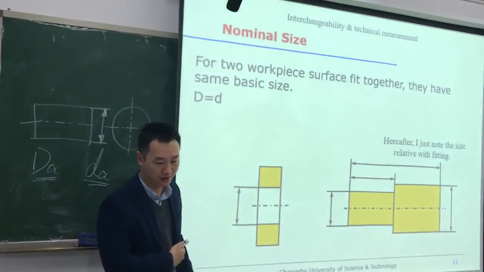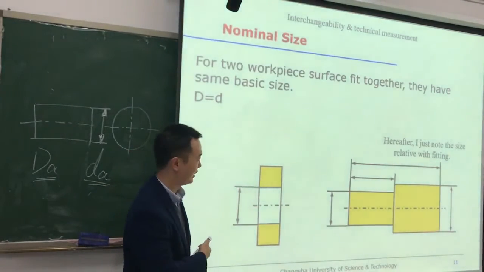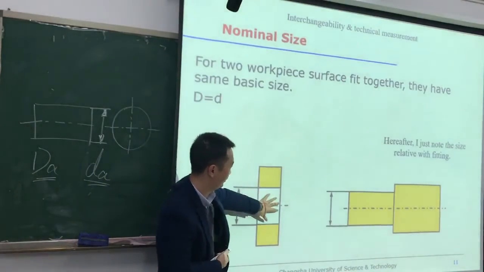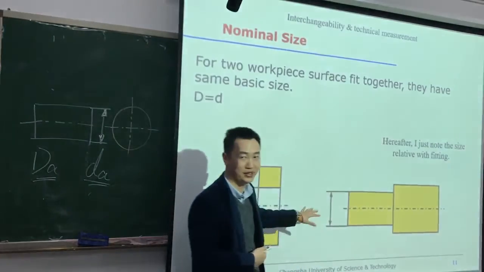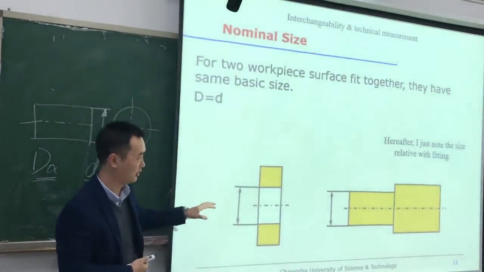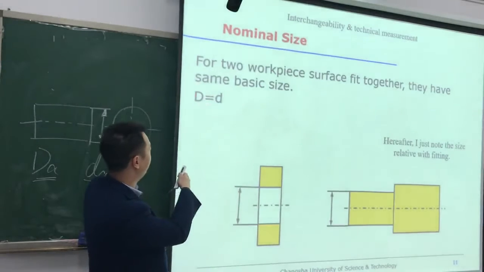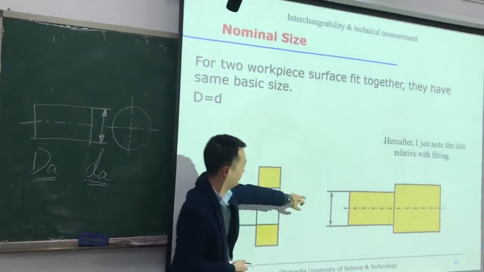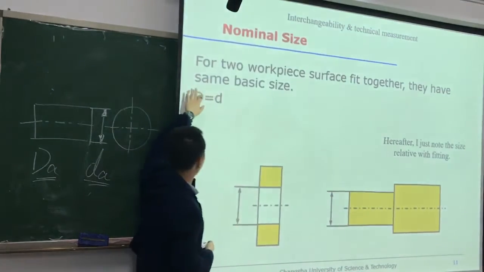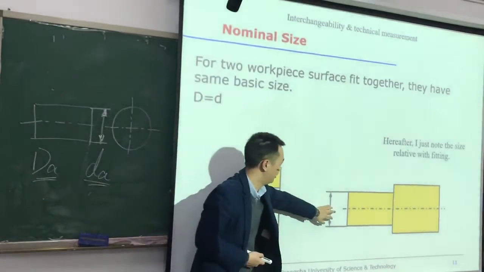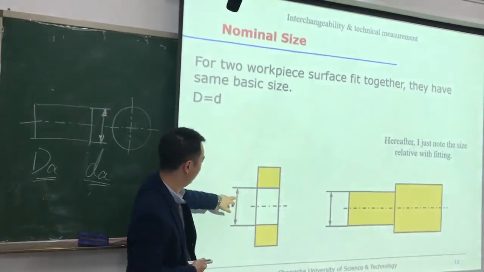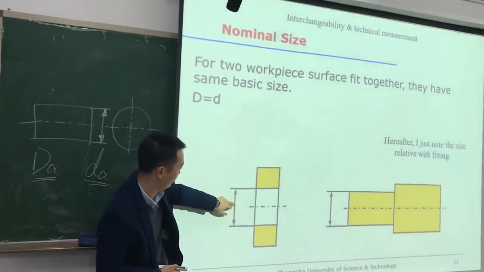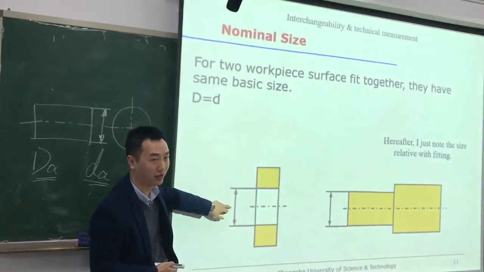For two workpiece surfaces that fit together, they must have the same basic size. For example, this hole fits with this shaft, so their basic size must be the same. That means the capital D equals the lowercase d. So if we want to label the D here, should it be capital D or lowercase d?